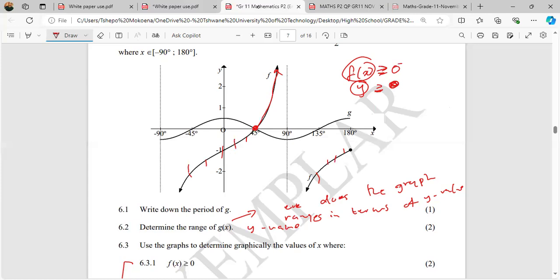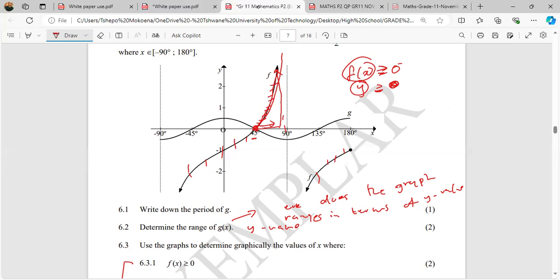So the question was, use the graphs to determine graphically the values of x where f is above 0. So what's the value of x here? Look at the values of x. It's 45 degrees and greater than 45 degrees, because the more this graph moves like this, our x values move along in this direction, approaching 90 degrees, approaching this asymptote over here.